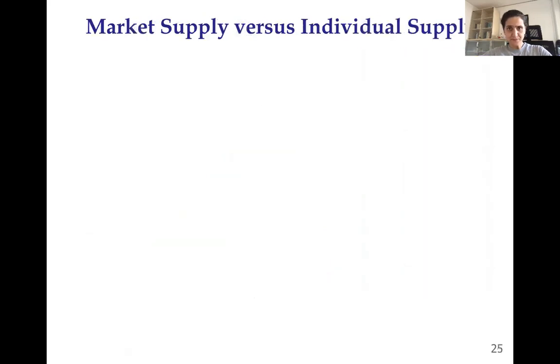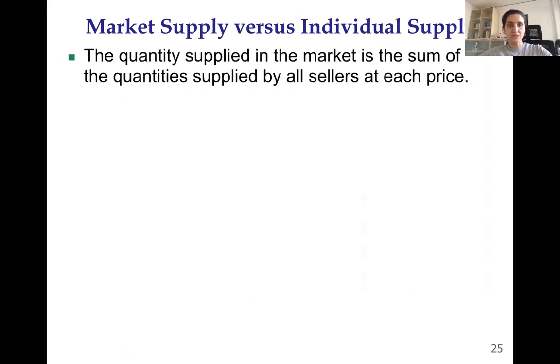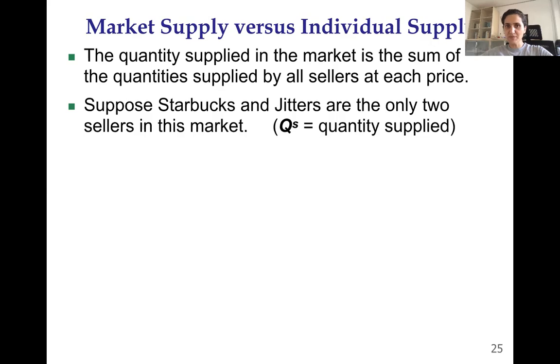What is the difference between market supply and individual supply? For the market supply, we sum all individual supply curves horizontally, as we did with the market demand curve. Quantity supplied in the market is the sum of all quantities supplied by all sellers at each price. Suppose Starbucks and Jitters are the only two sellers in this market.